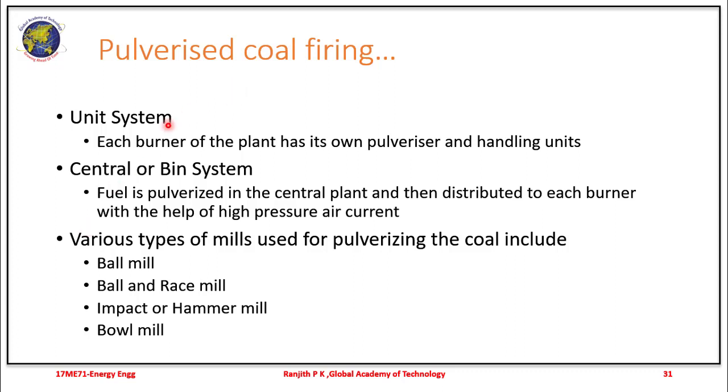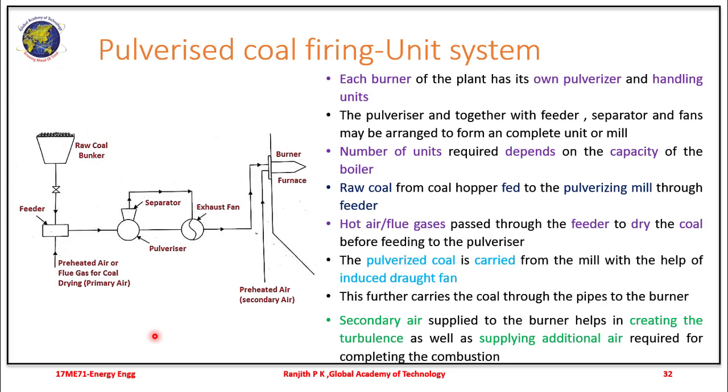The pulverized coal firing system could be either a unit system in which each burner of the plant has its own pulverizer and its handling unit, or it could be a central or bin system where the fuel is pulverized in the central plant and then the pulverized fuel is distributed to each burner. The various types usually used include the ball mill, ball and race mill, impact or hammer mill and the bowl mill.